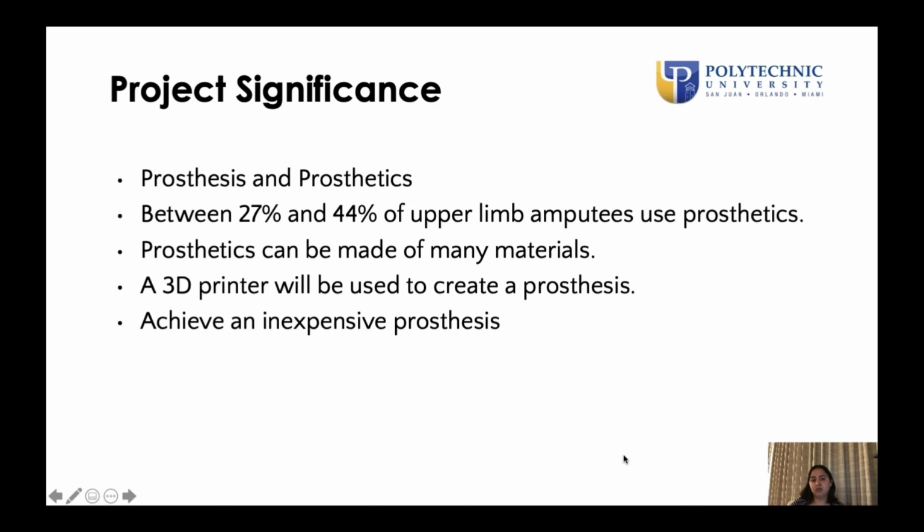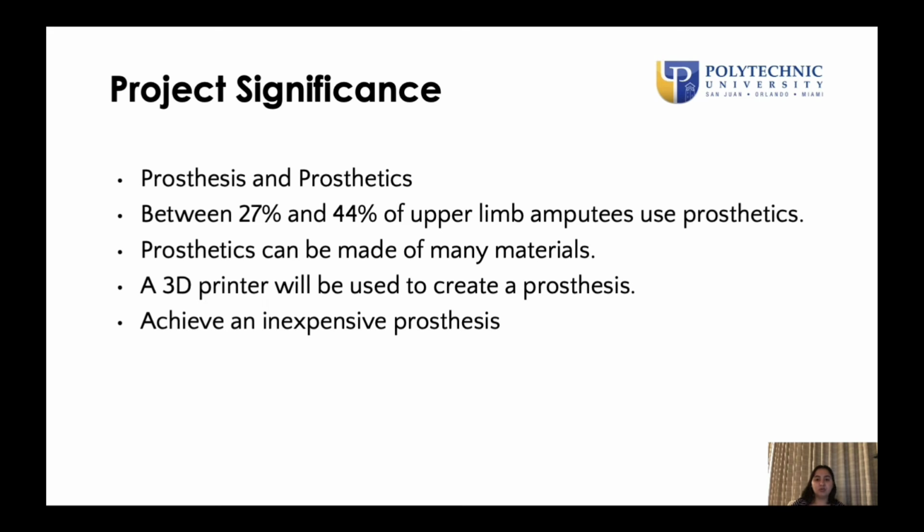Project significance. Prosthesis is the medical term for artificially substituting a missing part of the body. Prosthetics is the medical science of creating artificial body parts. Only between 27 and 44% of upper limb amputees use prosthetics. Many materials can be used for prosthetics like aluminum, titanium, magnesium, copper, and steel.